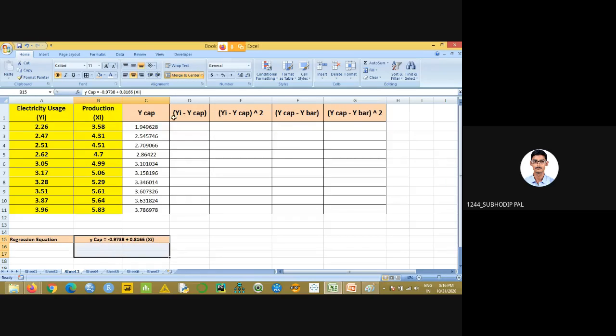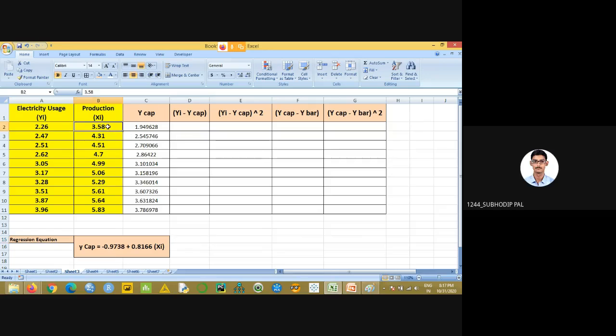Can you see this regression equation? This is how I calculate y cap: minus 0.9738 plus 0.8166 into xi. If we know the value of xi, we can easily calculate the value of y cap.